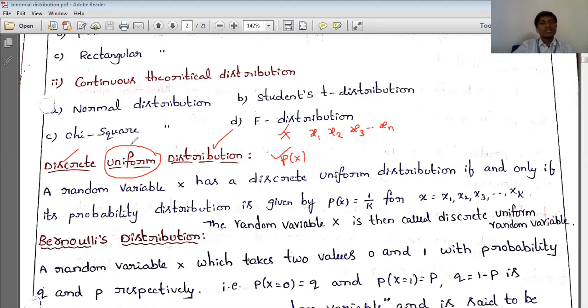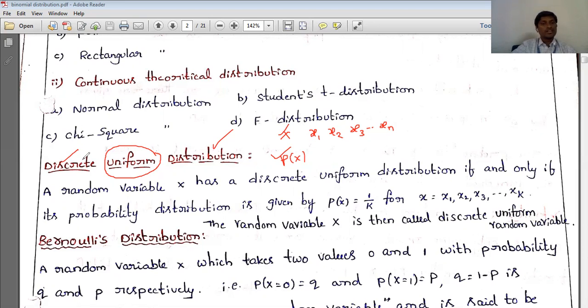So distributing uniformly for different values of x is a discrete uniform distribution: distribution is distributing, uniformly is equal, and discrete is different values of x.